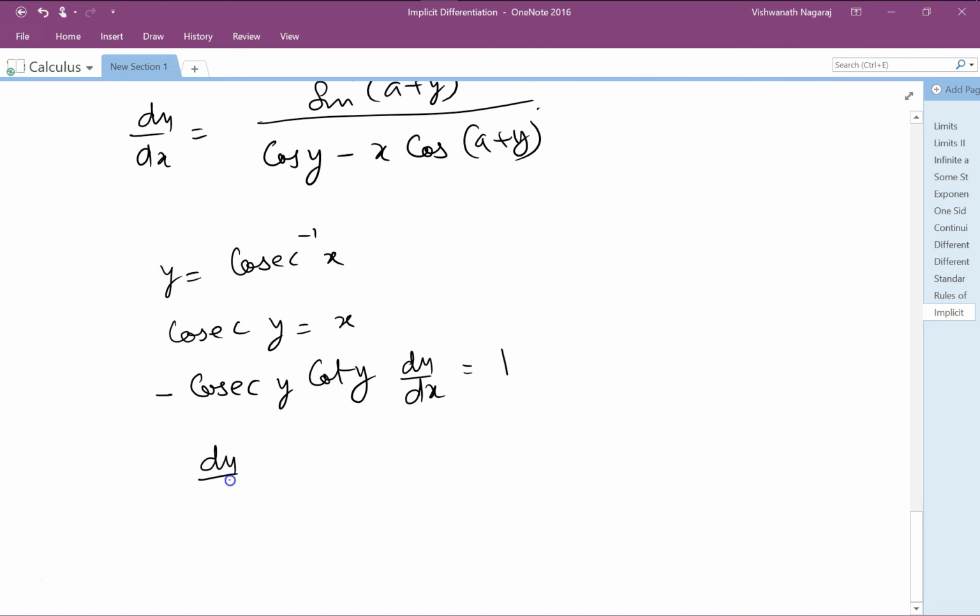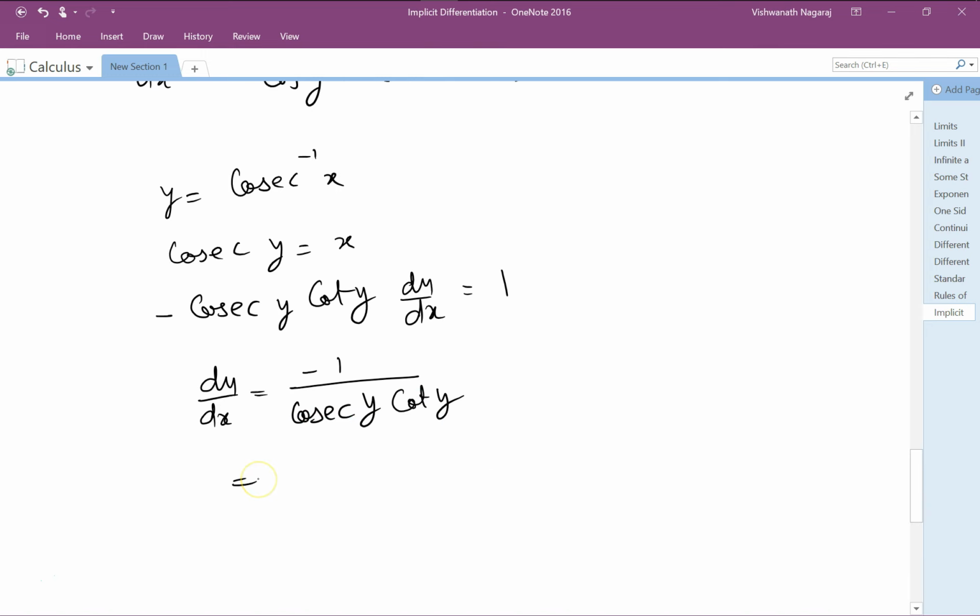So dy by dx would be minus 1 by cosec y cot y, which can be further written as minus 1 by cosec y square root of cosec square y minus 1.